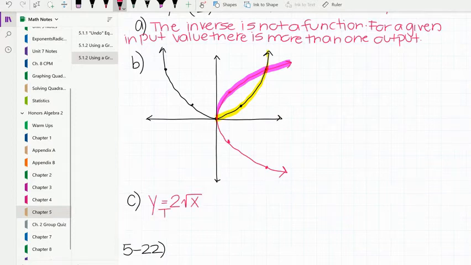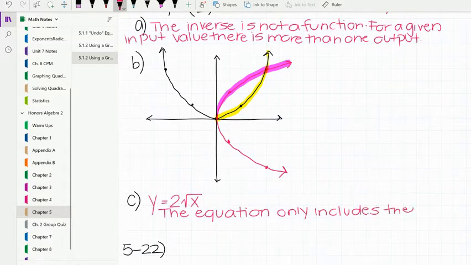The equation only includes the positive square root. Now, if we wanted to make it a function, we could absolutely have done the other piece, the left side of the parabola and the bottom part of the sideways parabola.